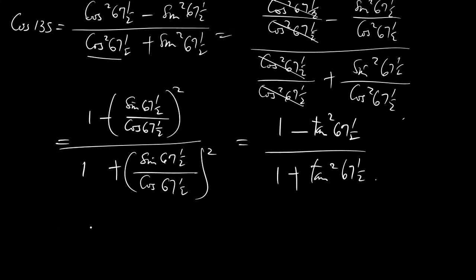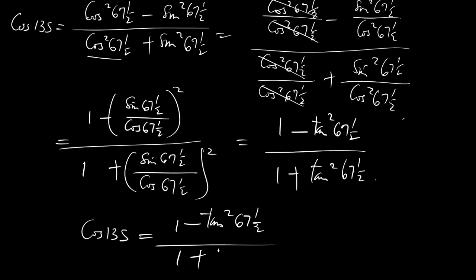So we have gotten cos 135 equal to 1 minus tan square 67.5 divided by 1 plus tan square 67.5. So now let me write this in another place.